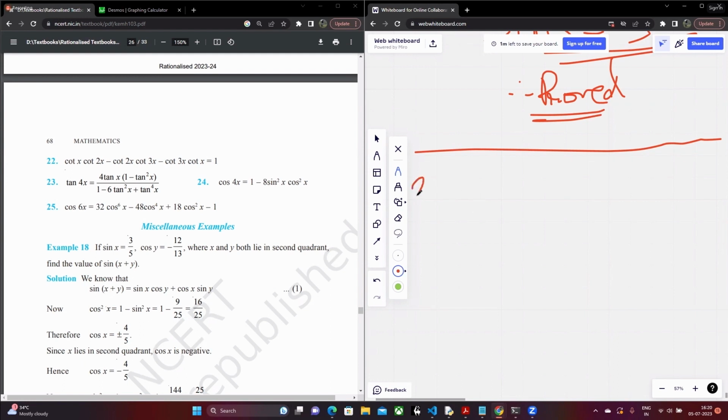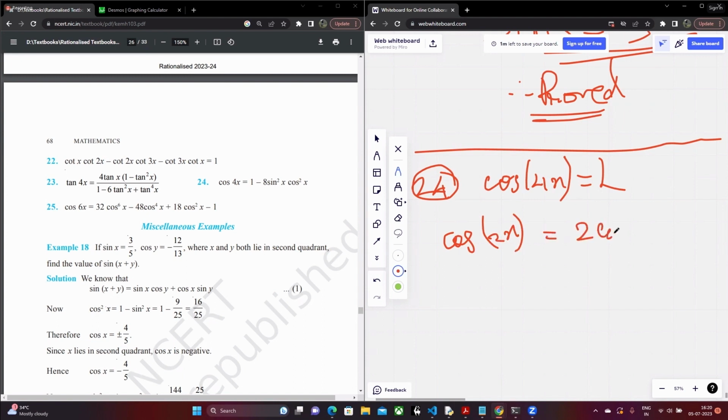Similarly, for question number 24, you are going to deal with cos of 4x. Cos of 4x is going to be equal to my left hand side equation. Remember that cos of 2x is basically 2 cos squared x minus 1, which is also equal to 1 minus 2 sin squared x.